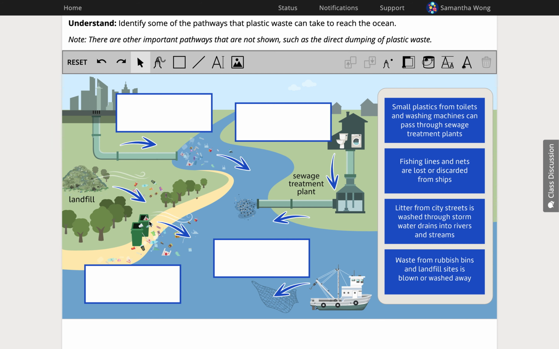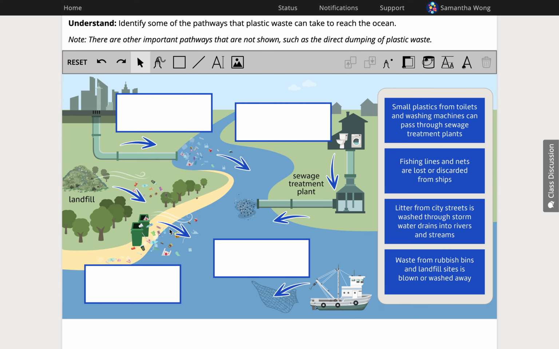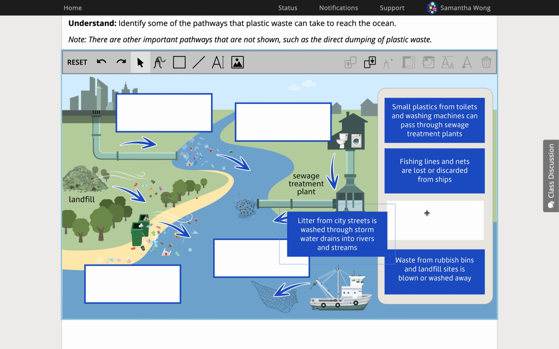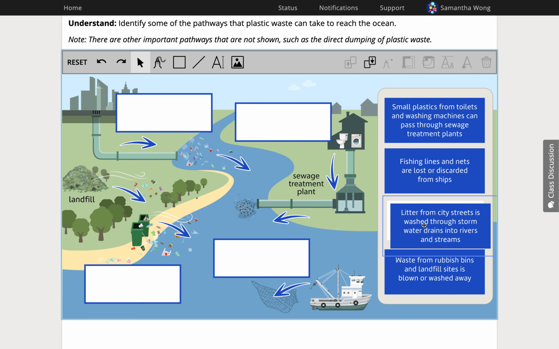Here we can see some bins, and there's a bit of a gust, and the rubbish is actually coming out of these bins. So it's worthwhile to consider that litter from the city streets is washed through the stormwater drains into rivers and streams. So that's one to consider.